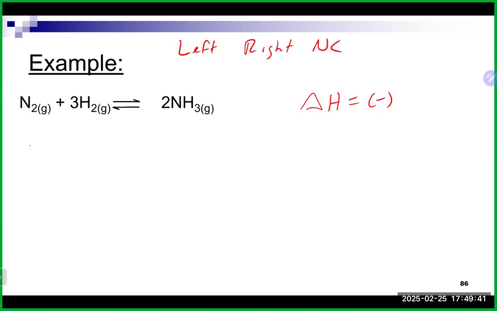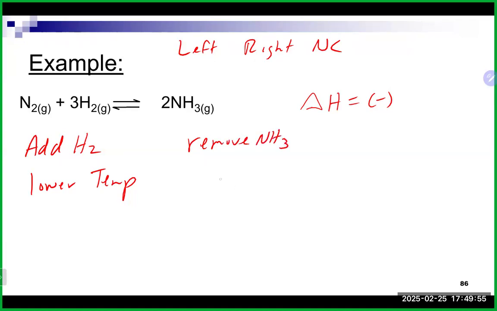If we do the following things: add some H2, lower the temperature, remove NH3, increase the volume, add N2, and increase the pressure. For each of these cases, would we expect it to shift to the right, to the left, or will there be no change? Take a couple minutes and see what you come up with.